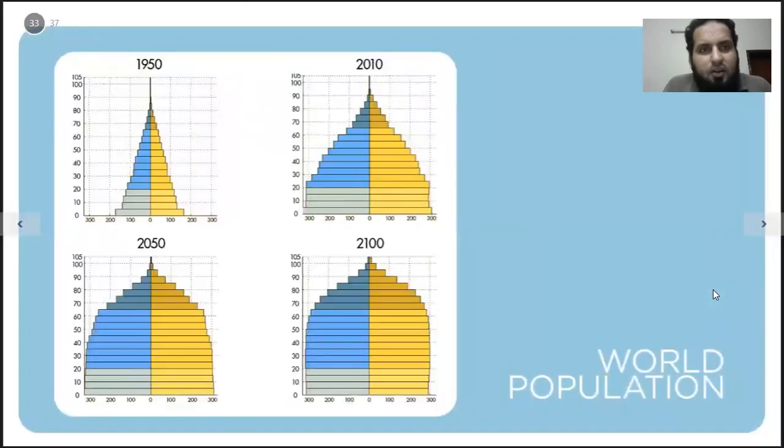Now, if you see the world as a whole, in 1950 it was a growing stage. In 2020, it entered stage 3, and in 2050 it was almost stage 3, and then by the end of this century, you can see this. It's more of a stability or a transitional stage have crossed, and the world is moving towards a stable population.